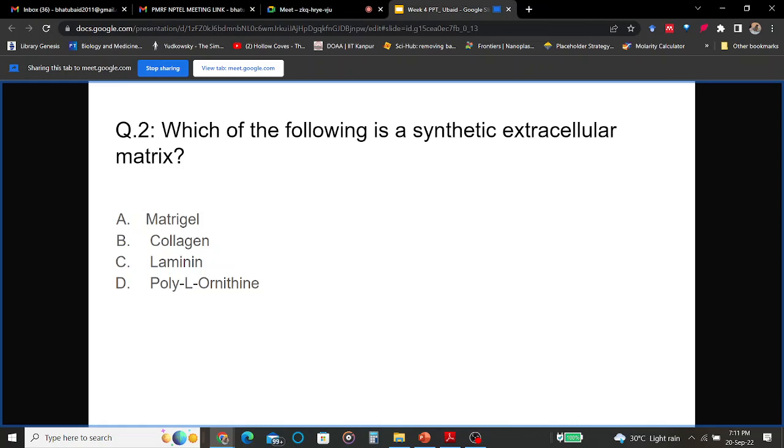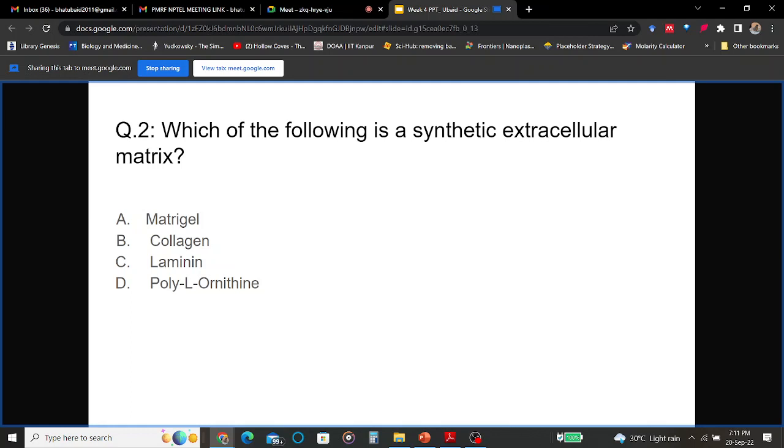This poly-L-ornithine provides biophysical and biochemical cues which are similar to the extracellular matrix. It has been widely used for coating plates to enhance the attachment of cells.